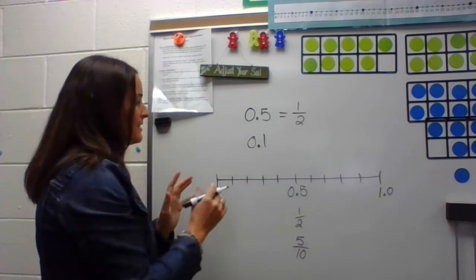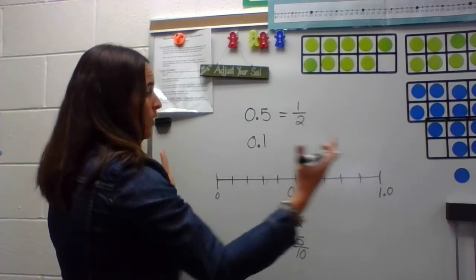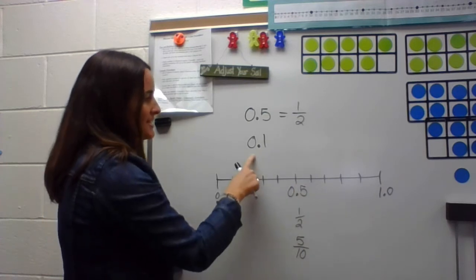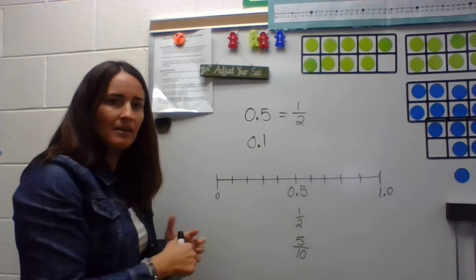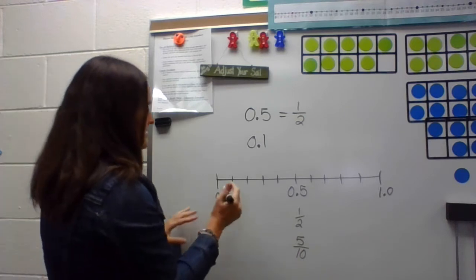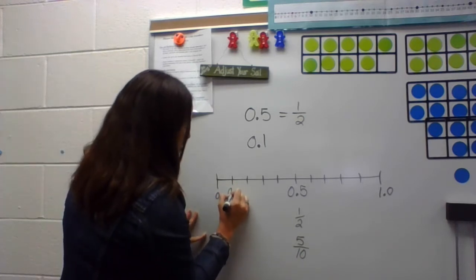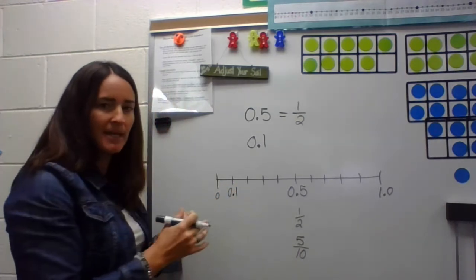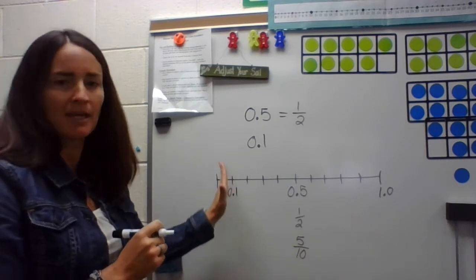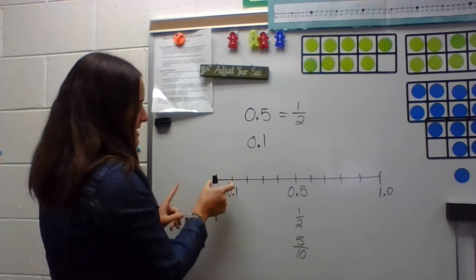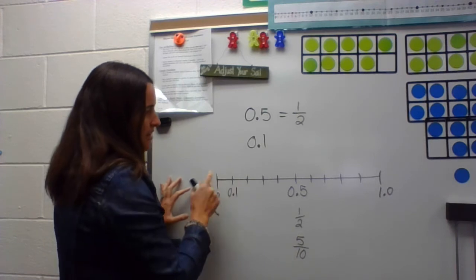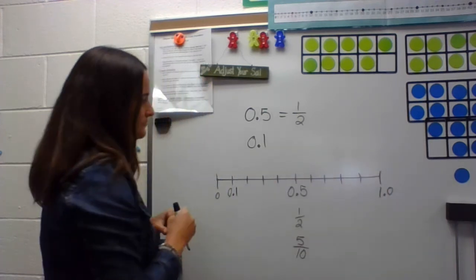I'm taking that whole, breaking it into pieces, and now I just need 1/10 of that whole. So that 1/10 is going to go right here on my first tick mark. And as you can see, that's a very small portion of that whole.